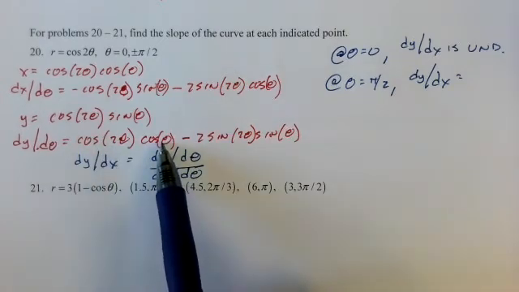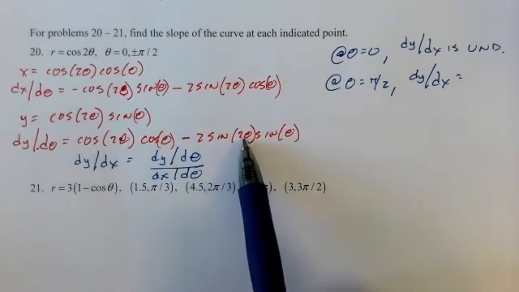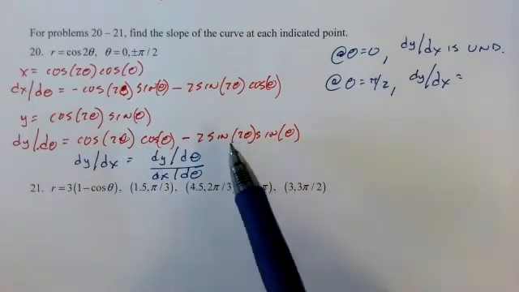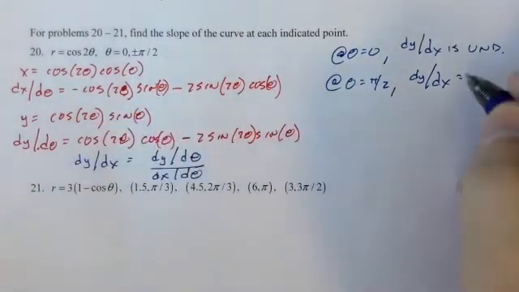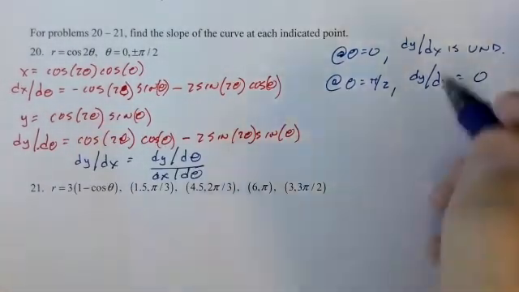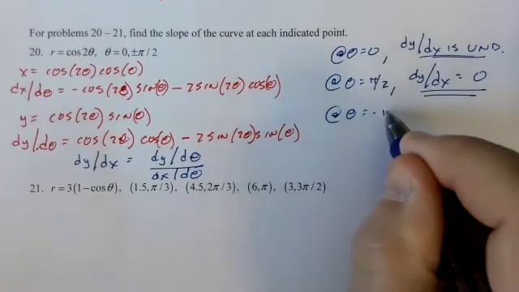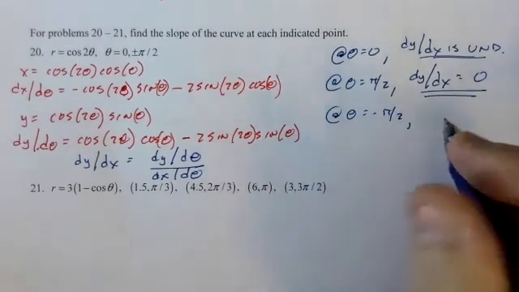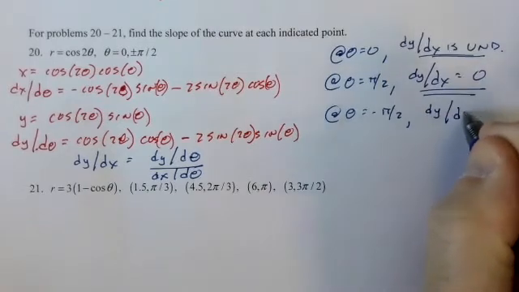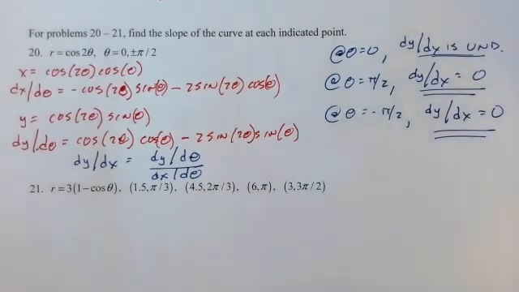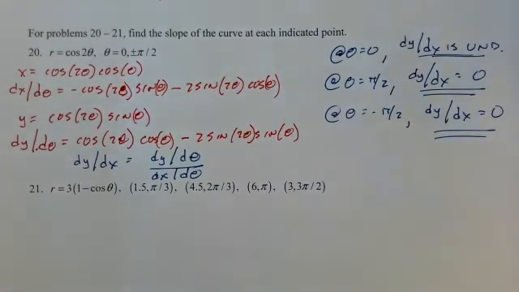Cosine of pi over 2 is 0. Sine of pi is 0, so this is gone. As long as the bottom's not 0, which it is not, the top is 0, so dy dx is 0. And at theta equals negative pi over 2, I believe we get the same thing. You can show all your extra work if you want.